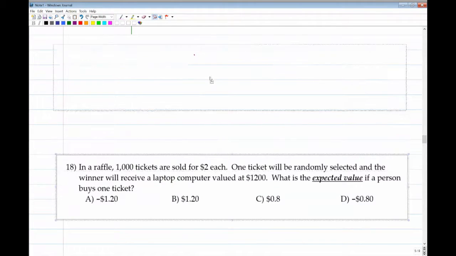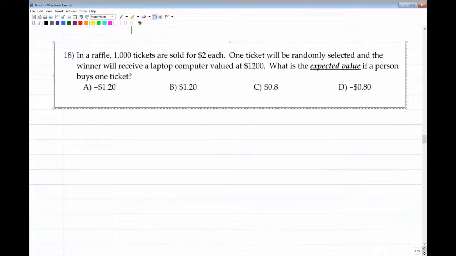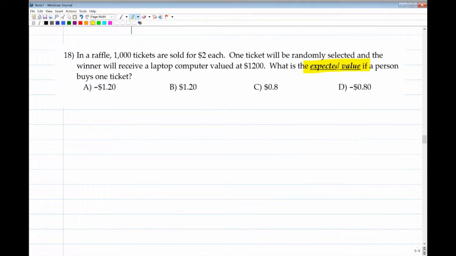The next problem right here has an expected value. That's a very important definition. Usually there's a problem like this on the final. It says in a raffle, 1,000 tickets are sold at $2. Each ticket is randomly selected, and the winner will win a laptop with a value of 1,200. What is the expected value if a person buys one ticket?